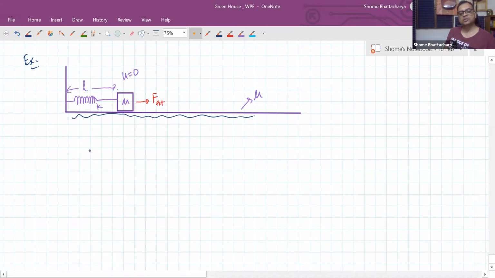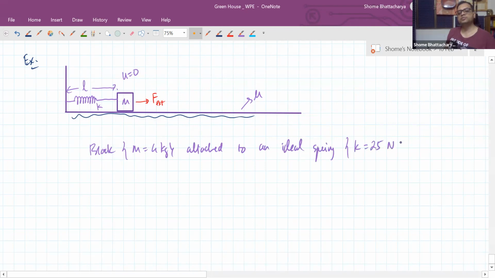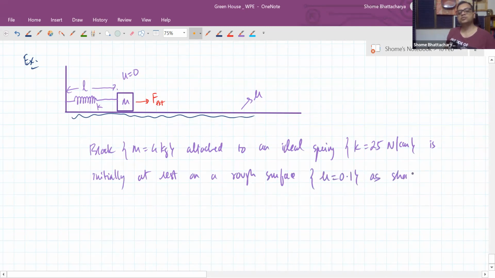The block of mass, let us say, 4 kilograms, attached to an ideal spring of spring constant, let us say, 25 newtons per centimeter, is initially at rest on a rough surface. Let's take mu as 0.1 as shown.